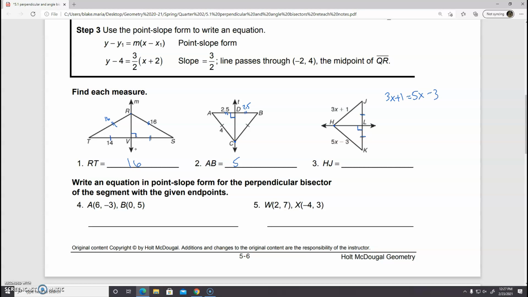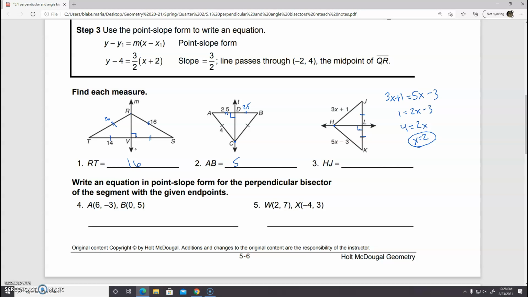Let's subtract 3x from both sides and add 3 to both sides. And then divide both sides by 2 and we get, oops, x equals 2. I switched it around, but same concept. Now that's not what they asked for. They asked for HJ.